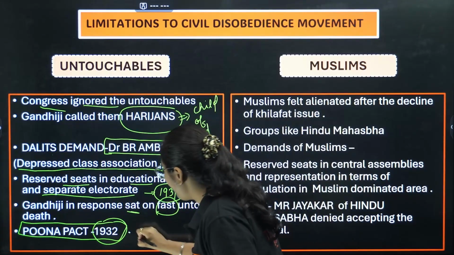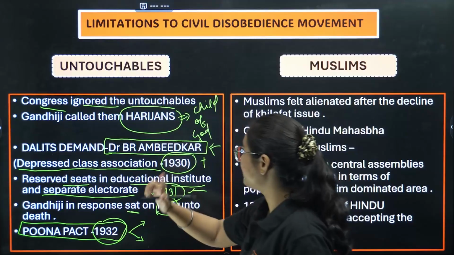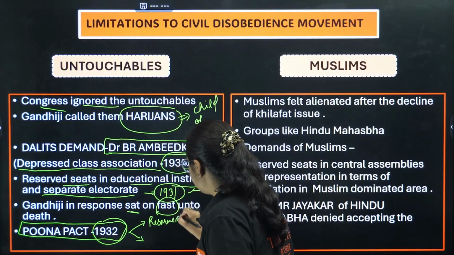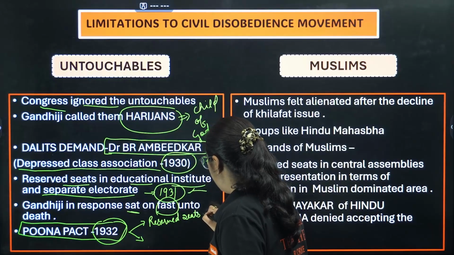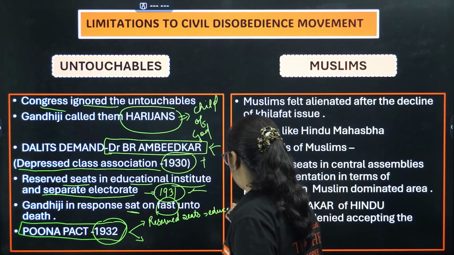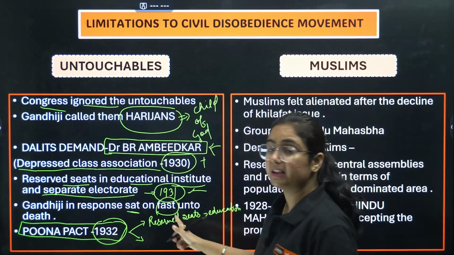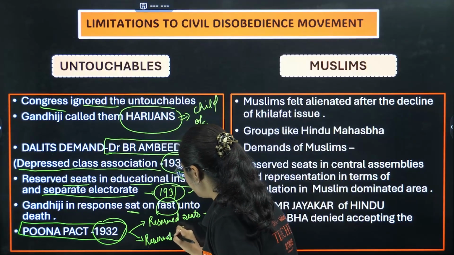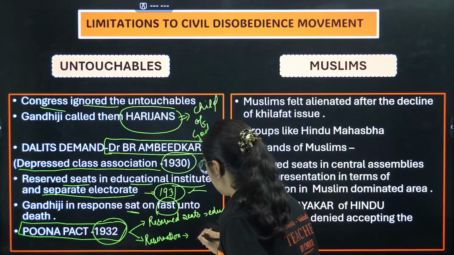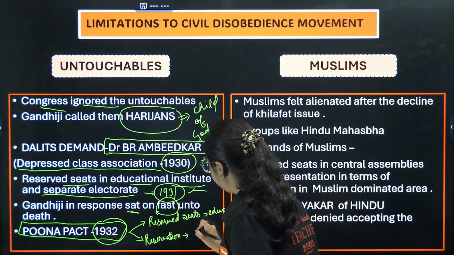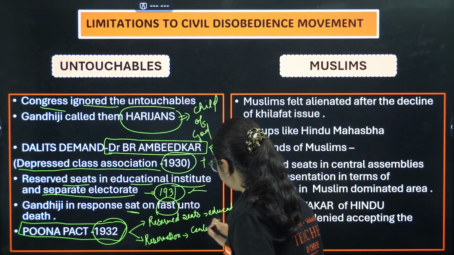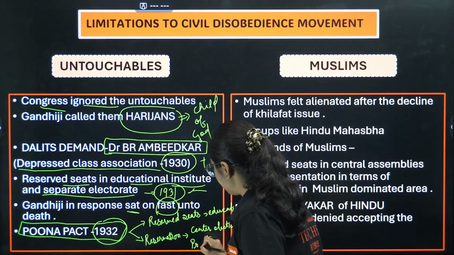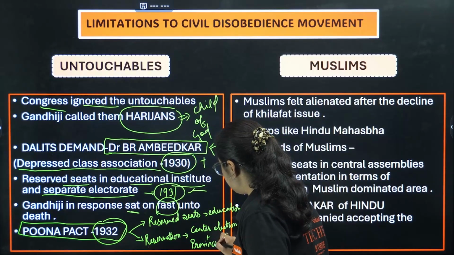What has been provided by this Pune Pact is that first, there will be reserved seats in education institutions. Other than that, there will be a reservation for depressed classes in central elections as well as provincial elections, for legislative councils also.